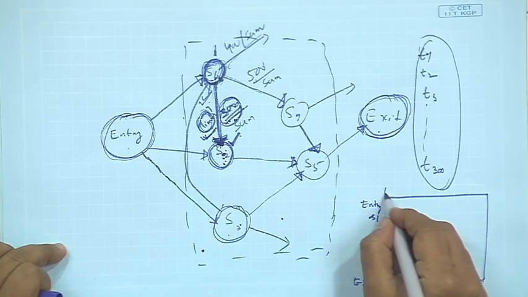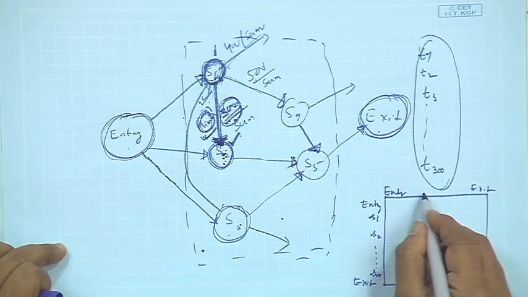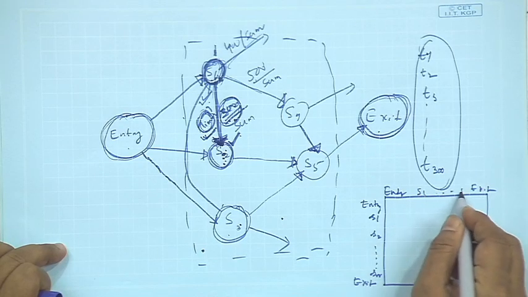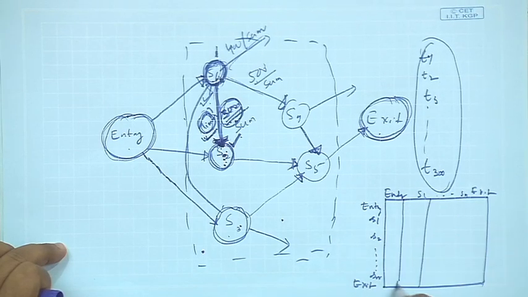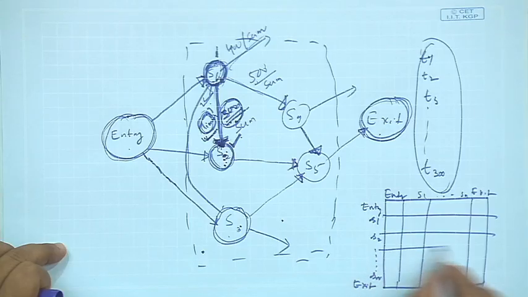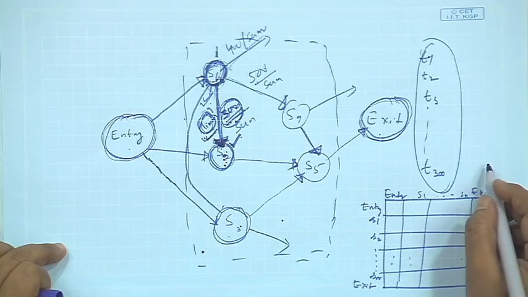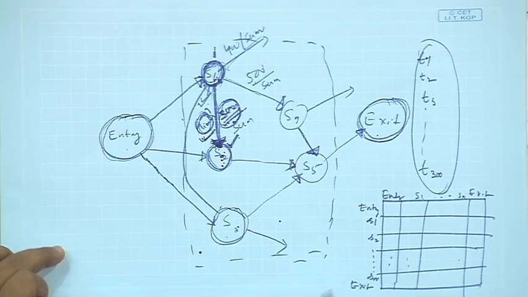Similarly, here you have entry, exit and other states, and the transition probability values that you calculated can now enter here. So, this is my transition probability matrix.